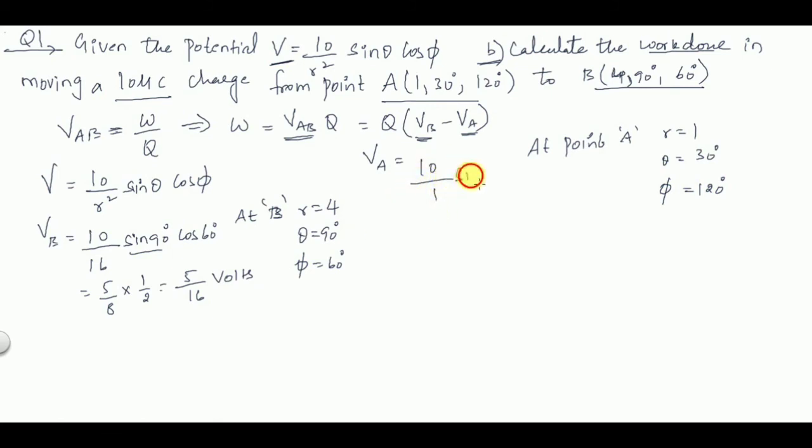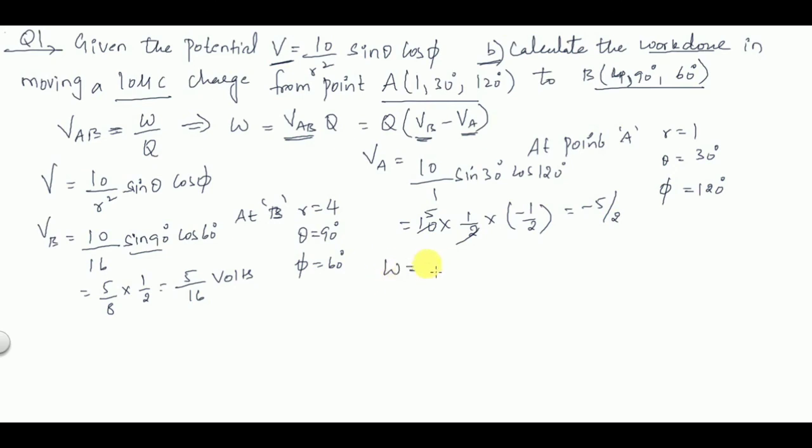Okay, sin 30 degrees, cos 120 degrees. So it will be 10 into sin 30, sin 30 is 1 by 2, and cos 120, that is cos 90 plus 30, so minus sin 30, so it will be minus 1 by 2 here. Okay, so it will be minus 5 by 2.